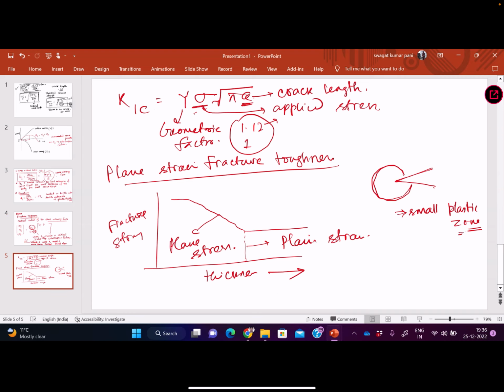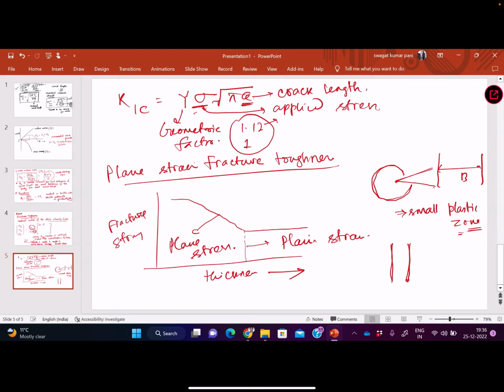Okay, but when the thickness is low, that is in the plane stress region, what happens? This is the thickness of the material. So around the crack there is a large amount of material that has to be deformed plastically if the crack tip has to deform. But here, as the thickness is small, there is a small amount of material that has to be deformed plastically.